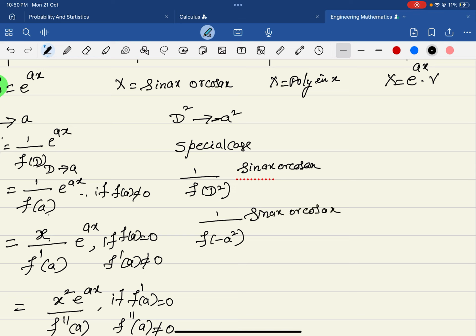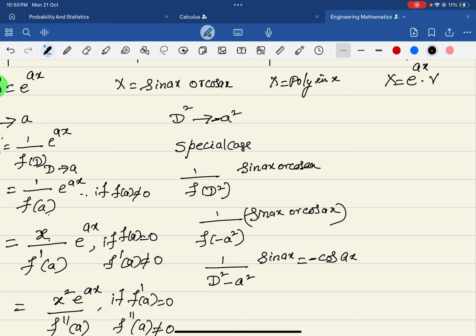Now if this happens to be 0, that is f of minus a square is 0, then we use the special case. In that we write 1 over D square plus a square times sine ax. What is the integral of sine? We know, minus cosine. So this 1 over D is nothing but integration.